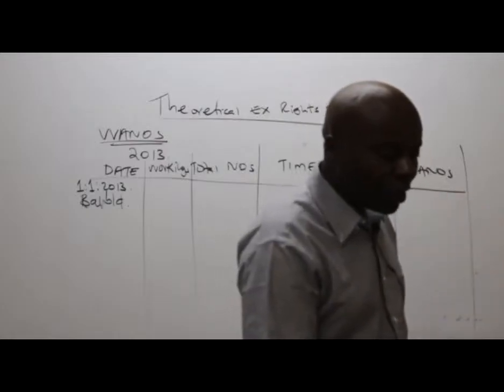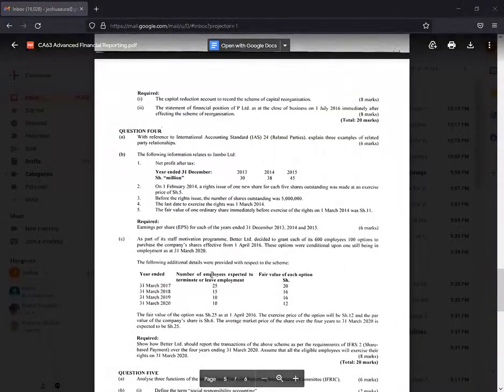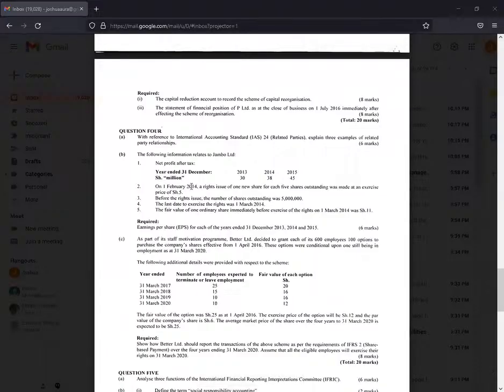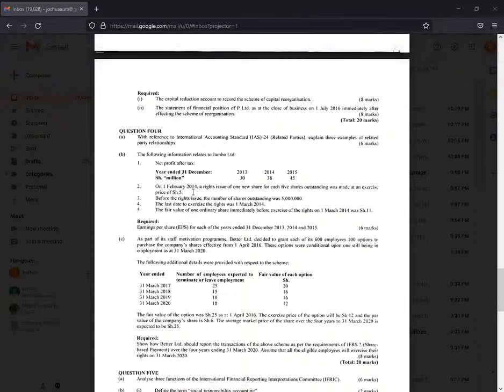So 2013, ladies and gentlemen, this is what we have. You can see the year is ending 31st December. You are told that on 1st February 2014, a rights issue of 1 new share for each 5 shares outstanding was made at an exercise price of 5. So, ladies and gentlemen, this is a transaction that took place in 2014. It will not affect us in 2013. We go to note number 3.